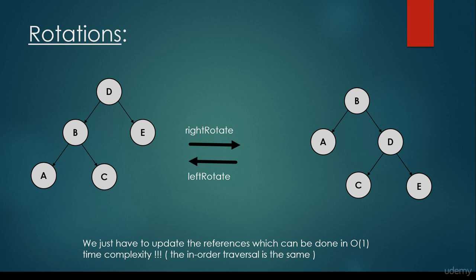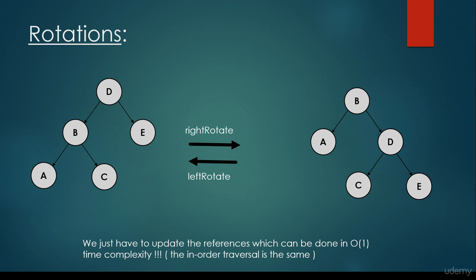For example, we have this subtree on the left with the root node D. It has a left child B and a right child E, and node B has a left child A and a right child C. Whenever we rotate to the right, the topology of the tree is going to be changed. So after rotating to the right, D is not going to be the root node anymore. It's going to be the right child of B.